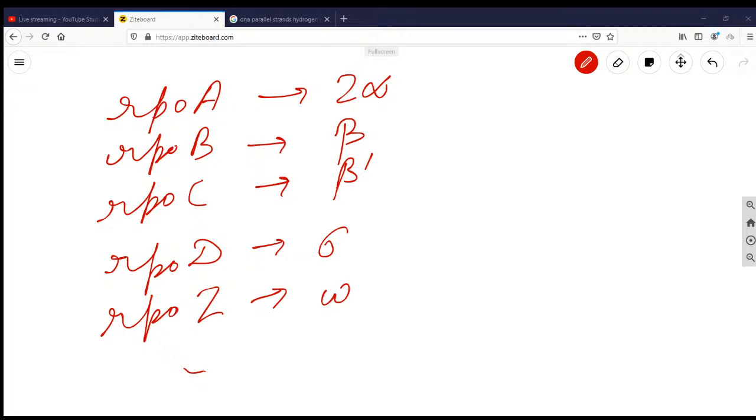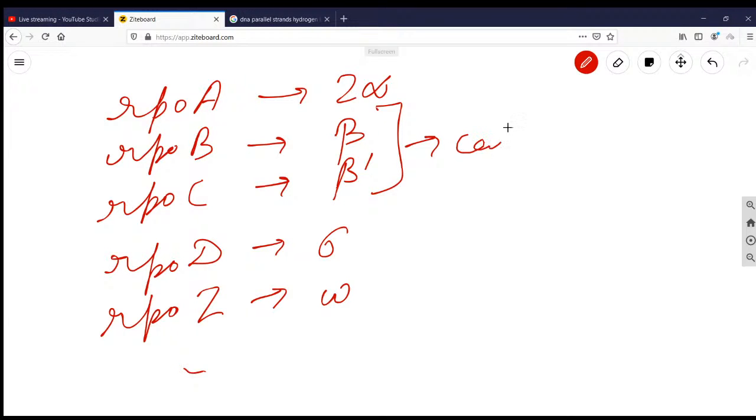Now the sigma factor, I had explained to you, is responsible for promoter recognition, even though the catalysis is done by beta and beta dash. The beta beta dash subunit is the catalysis site, meaning it will add the nucleotides.